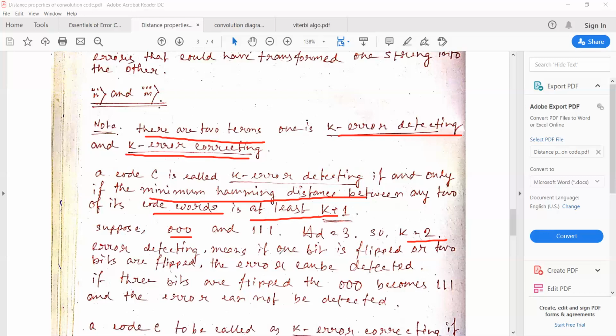Now, error detecting means if one bit is flipped or 2 bits are flipped. Here I'm detecting the error with respect to this 0, 0, 0.